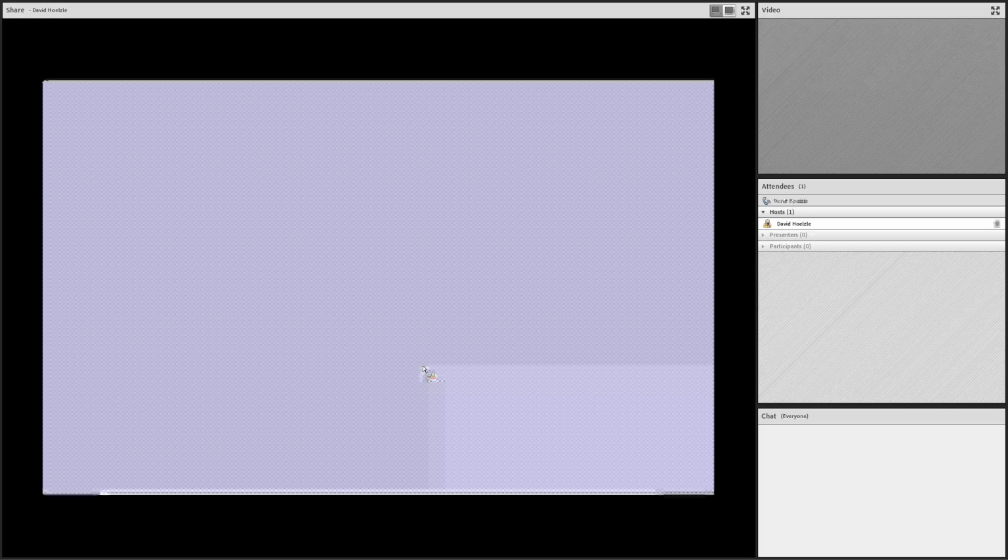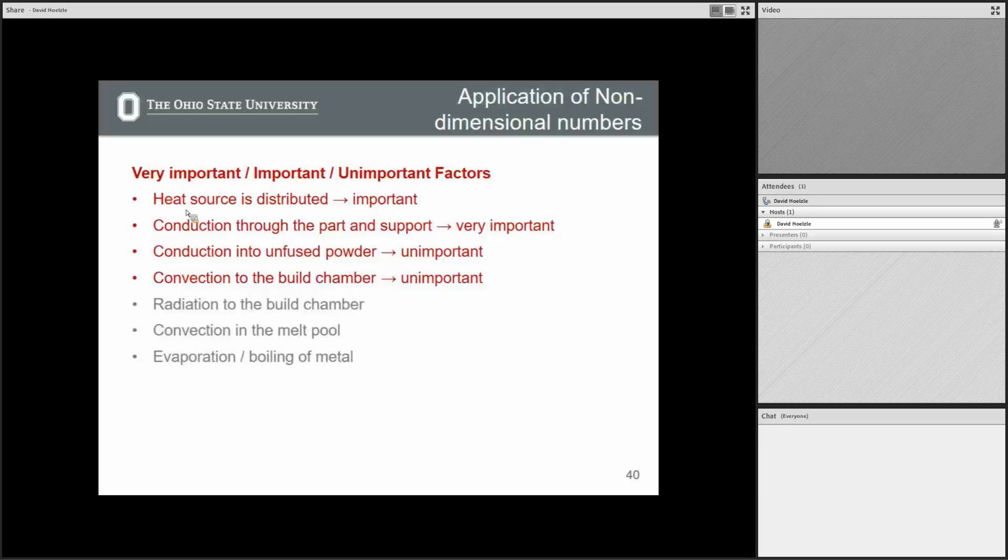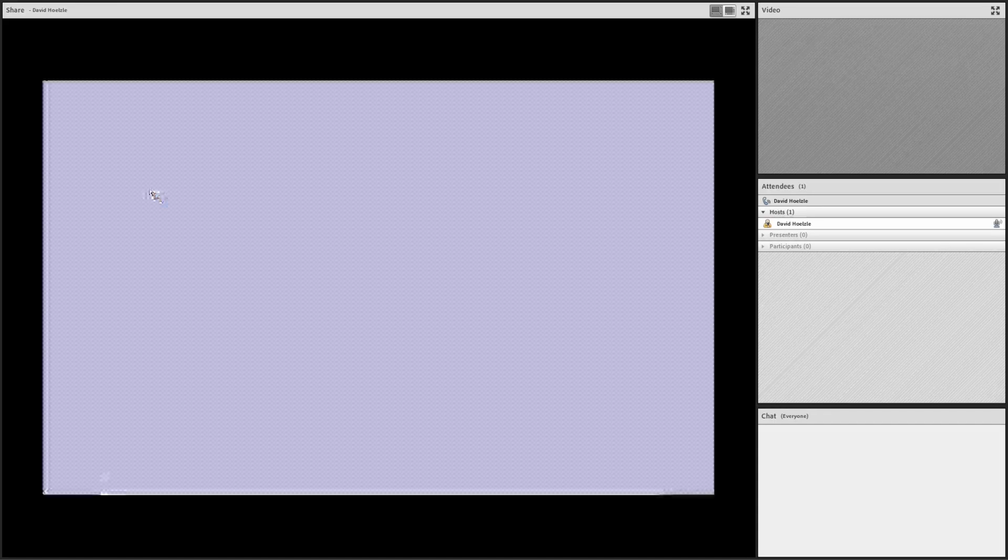After going through this discussion, I decided to add this build up in slides, so we can have a more codified way of looking at this. The very first thing we looked at was, is convection to the powder important?